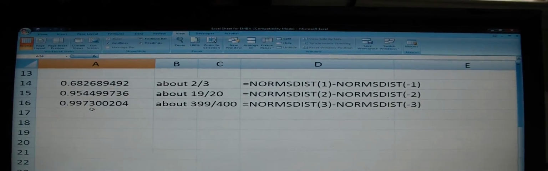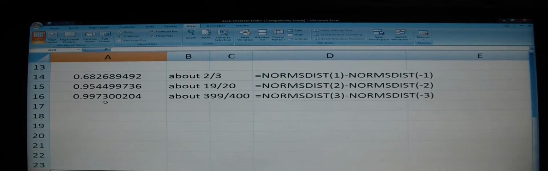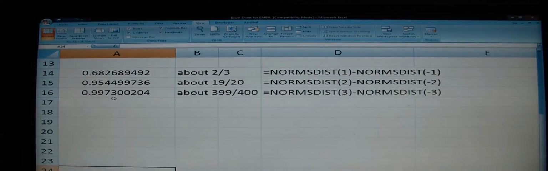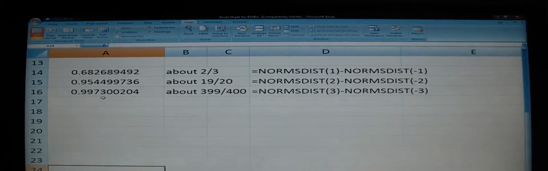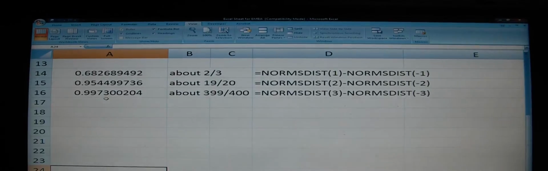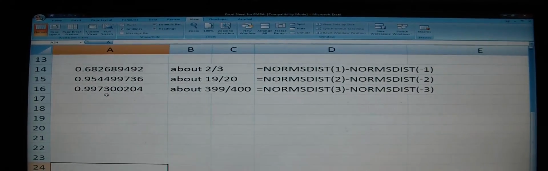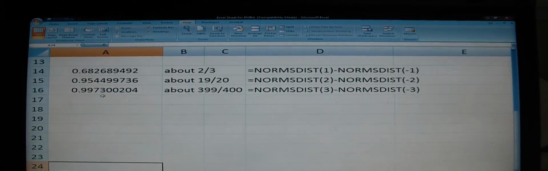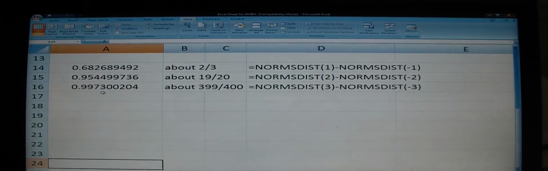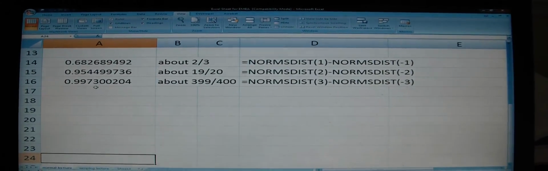And the probability of being between 2 and -2, which is the probability of being within two standard deviations of the mean, is about 19 out of 20 or 95.4499%. And again, the probability of being within 3 standard deviations is 0.9973 or about 399 out of 400 tries.